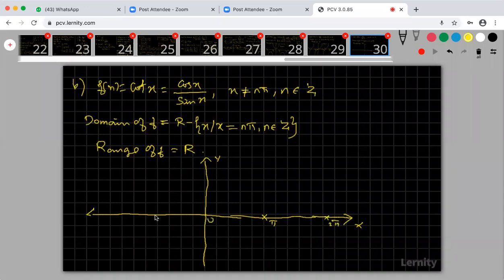This is 0, this is minus pi, this is minus 2 pi, this is pi by 2, therefore your graph is coming like that.